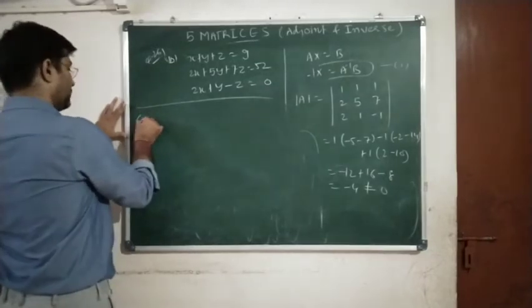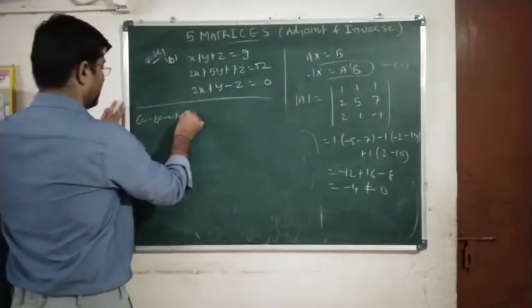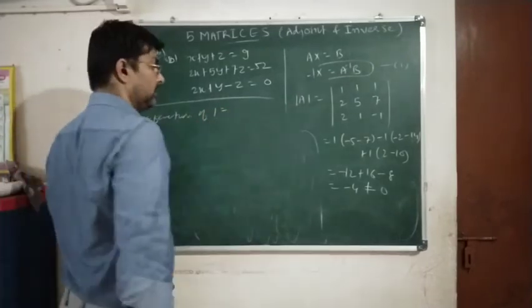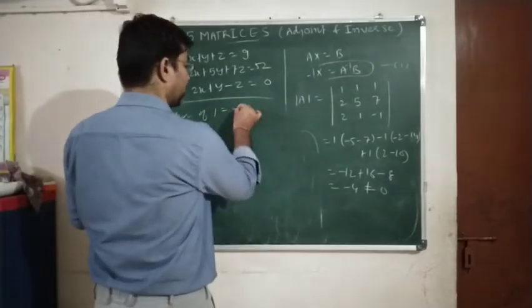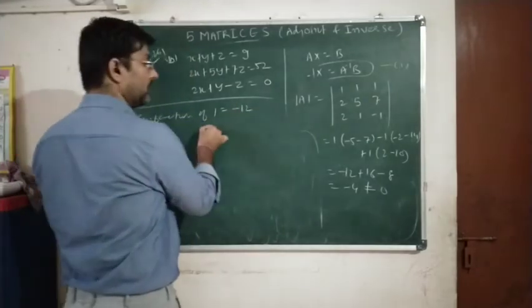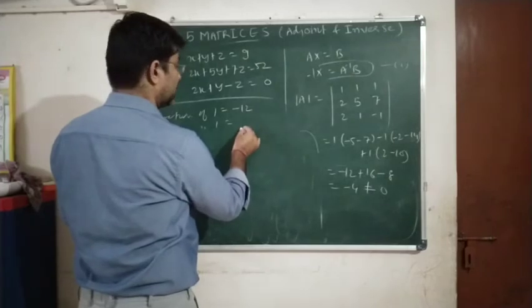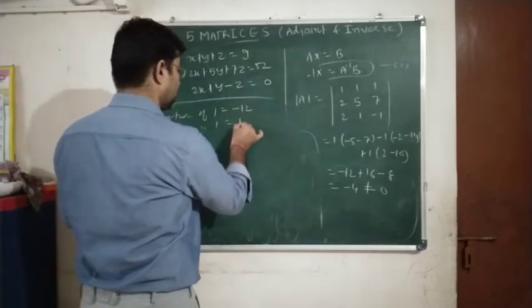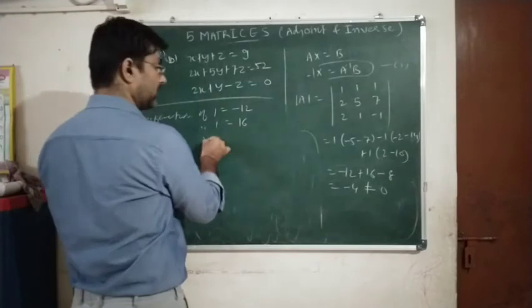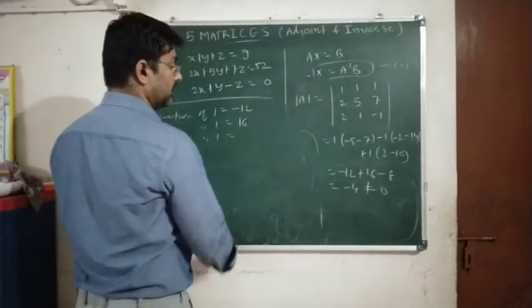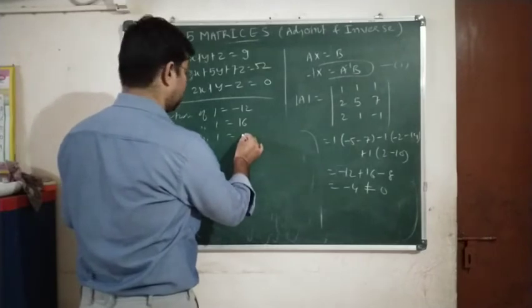Okay, so starting with the cofactors. Cofactor of 1 is minus 12. Cofactor of 1 is 16. Cofactor of 1 in A13 is minus 8.